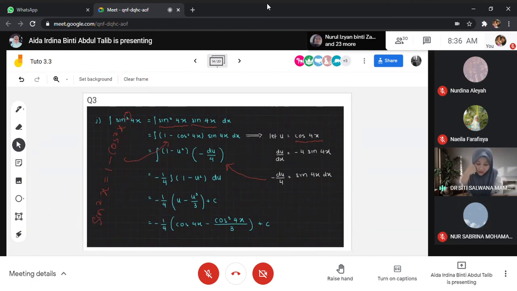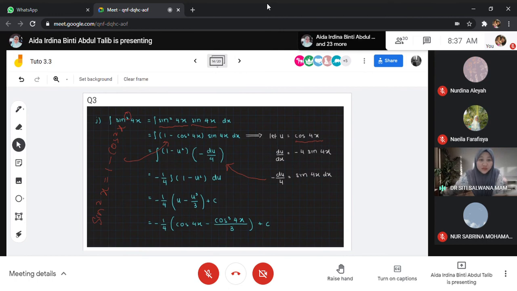Okay, good. So this is the first case. If you look at the first case, when we have cosine or sine and the power is an odd number, here you have sin cube. So we separate sin cube into two parts, which is sin square and sin 4x, sin to the power of 2 and this one just to the power of 1.